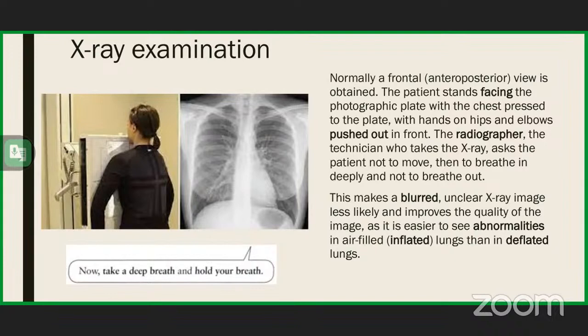This makes a blurred, unclear X-ray image less likely and improves the quality of the image, as it is easier to see abnormalities in air-filled, inflated lungs, that is, not deflated lungs.